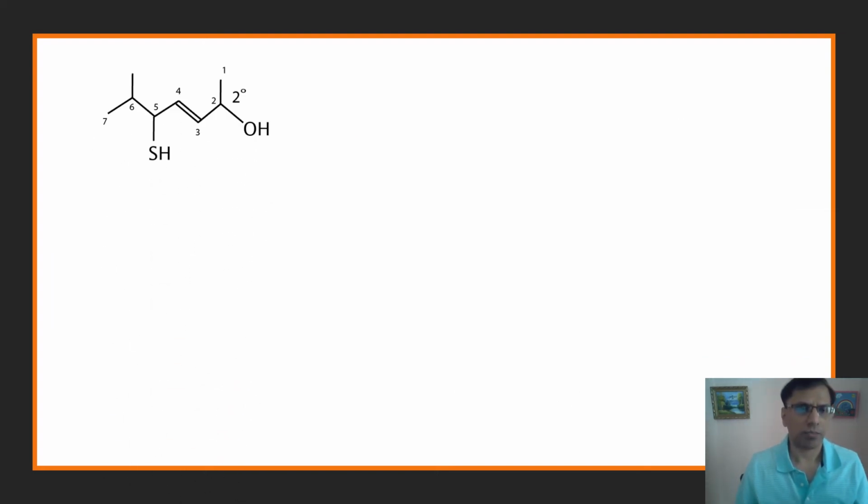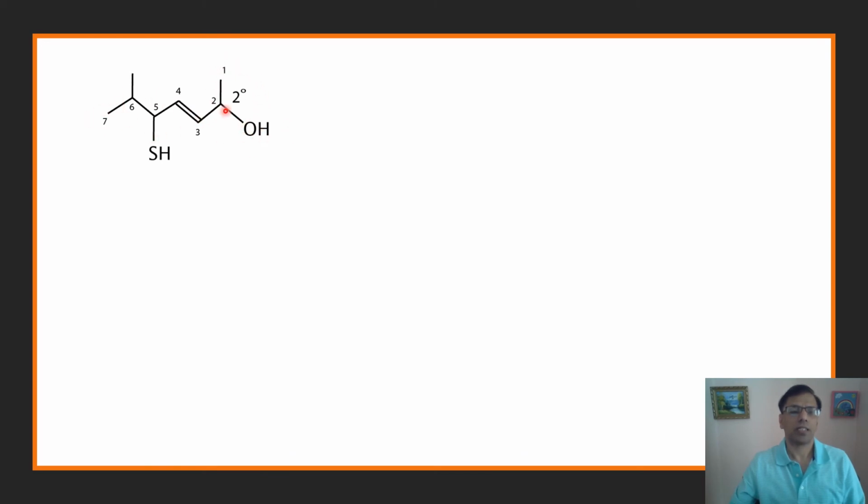So let's look at some additional examples. In this case, this is a secondary alcohol because this is a secondary carbon. Secondary carbons are attached to two carbons. The numbering is from here, 1, 2, 3. So you start with the end that's closest to the OH group. You do not start from this side.